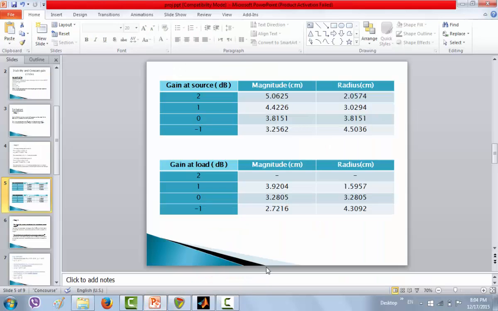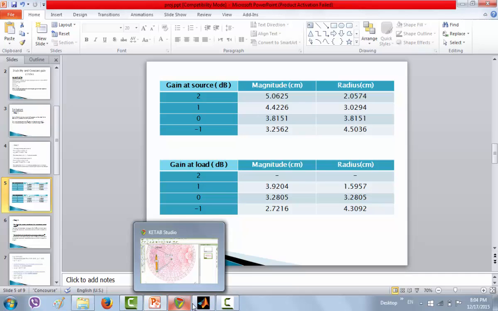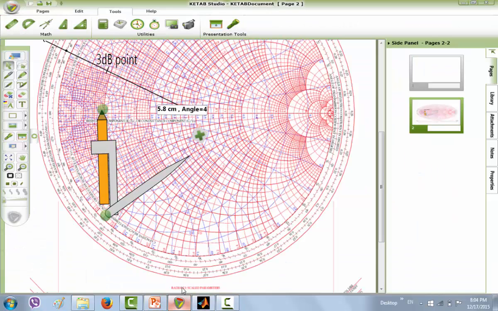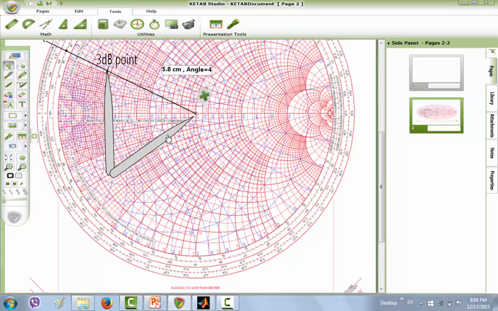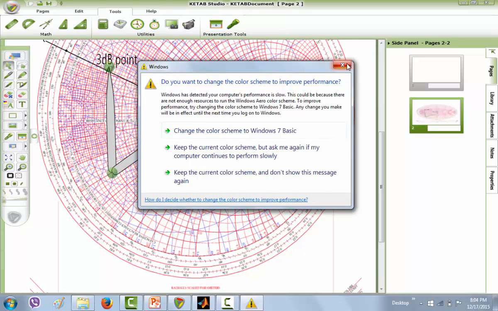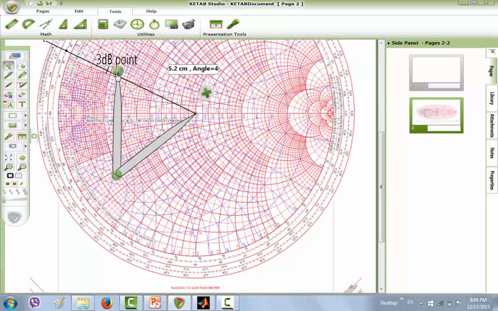I have this summarized table. For the 2 dB gain at source, of course, the magnitude is 5.06. So use the compass and starting from the origin, this is the 5.1.